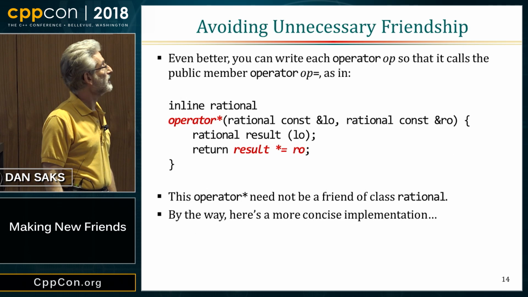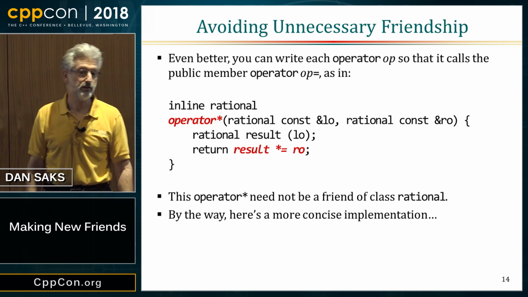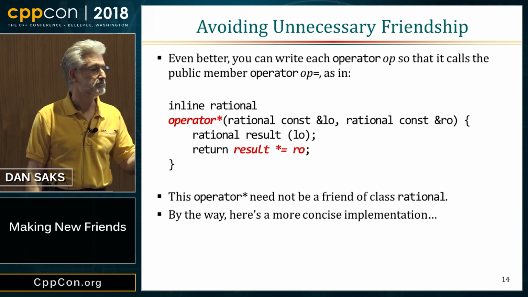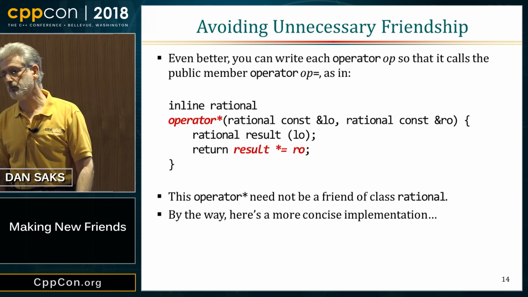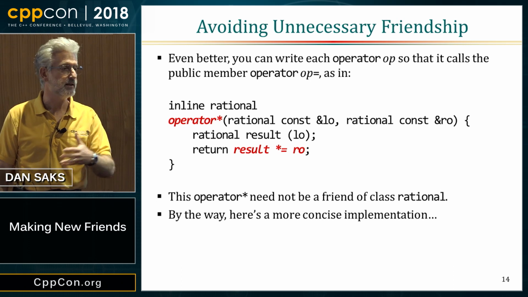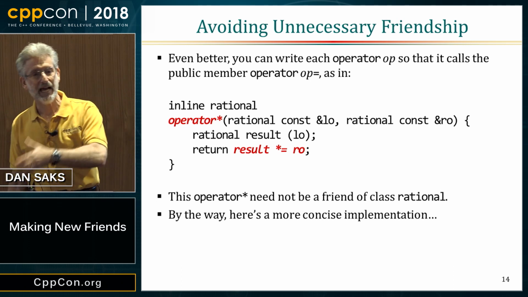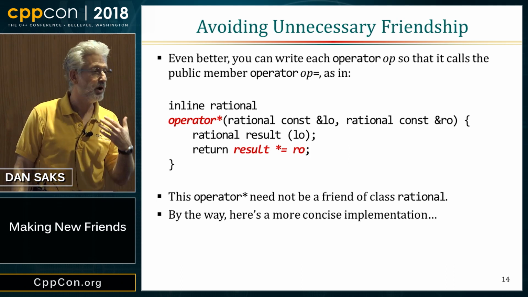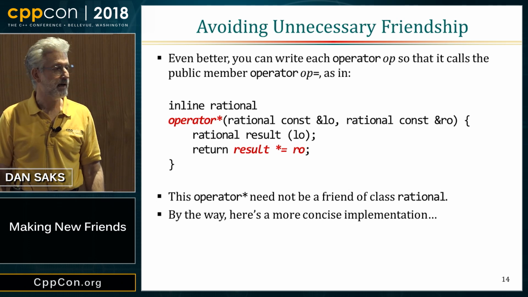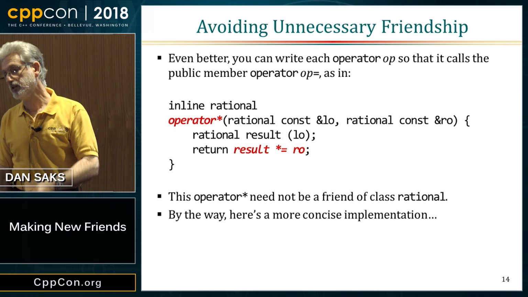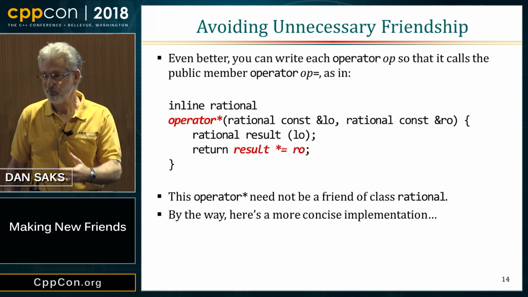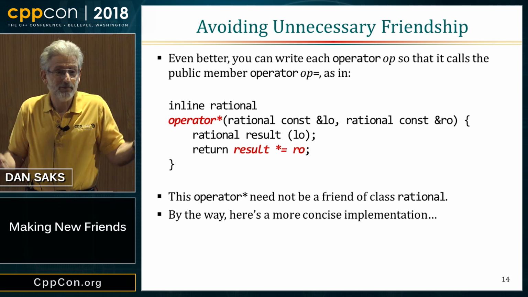Now, there's arguably a better way to do this, which is that one of the properties that you would expect, based on your experience with the built-in types, is that there is a relationship between the multiply and the multiply equals, between add and add equals. You would hope they would produce the same arithmetic result. And during a code review, that's one of the things that you might want to assure yourself of, that, hey, if I use star equals or star, I'm going to get the same result.